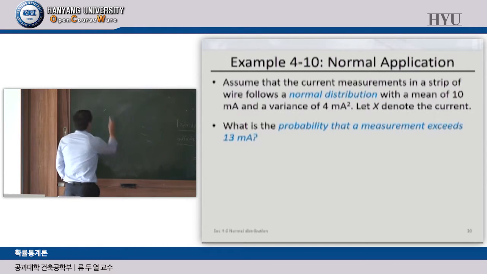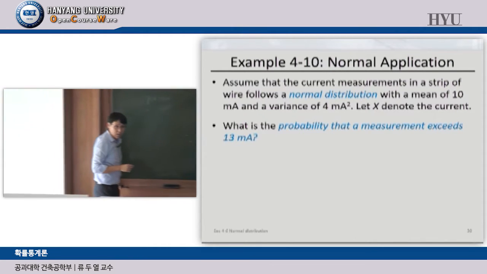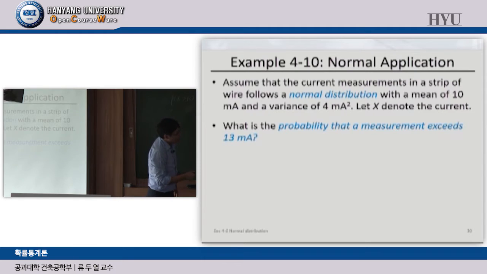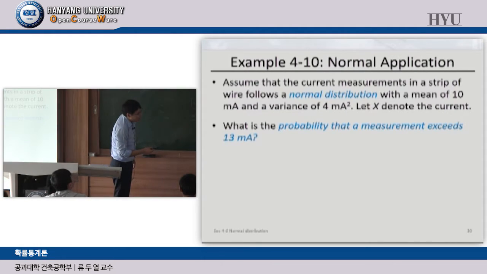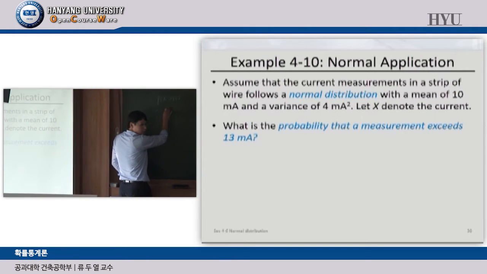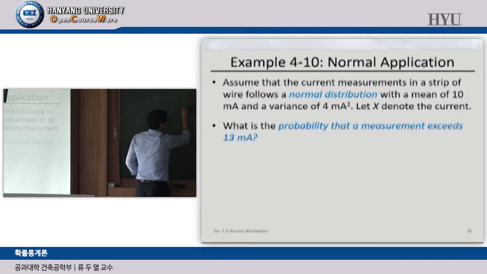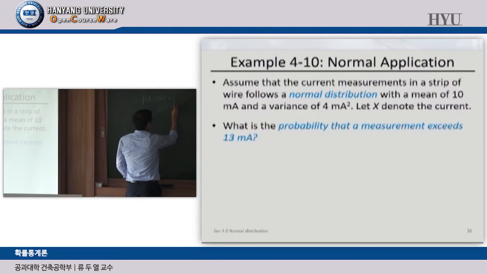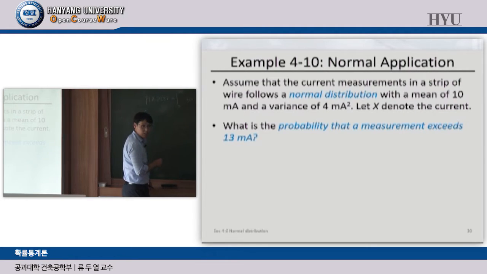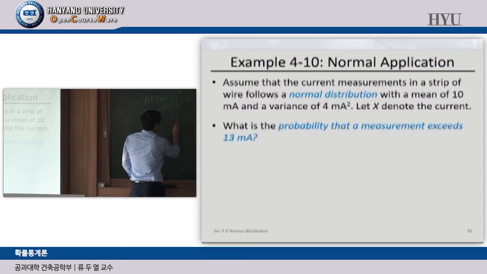In this case, we have to calculate the probability of X when X is larger than 13, right? And the current measurement follows a normal distribution, which means that to calculate this, we have to provide the integration from 13 to infinity of f(x) dx, right? And in this case, what is f(x)?